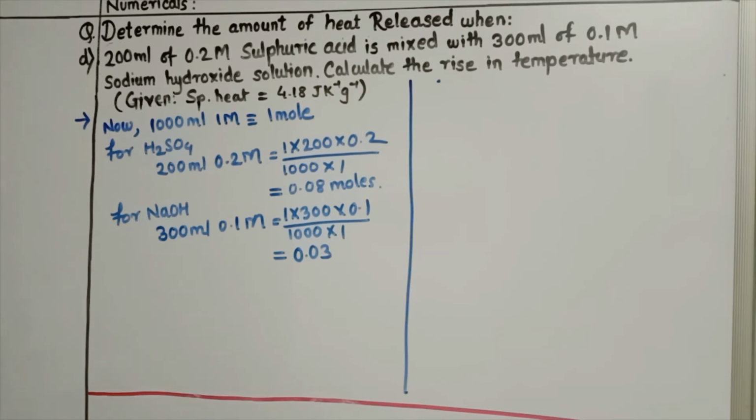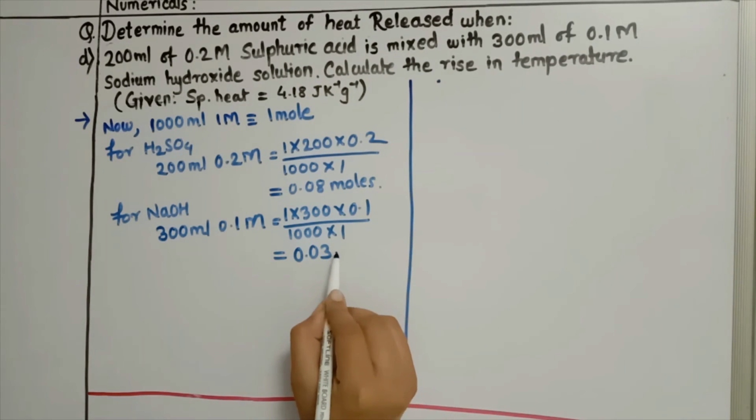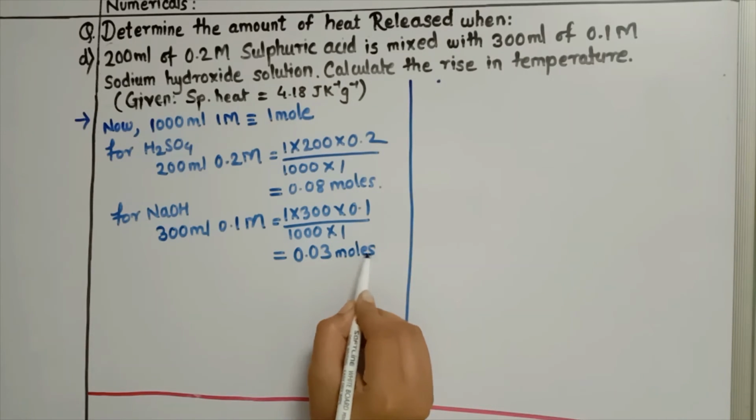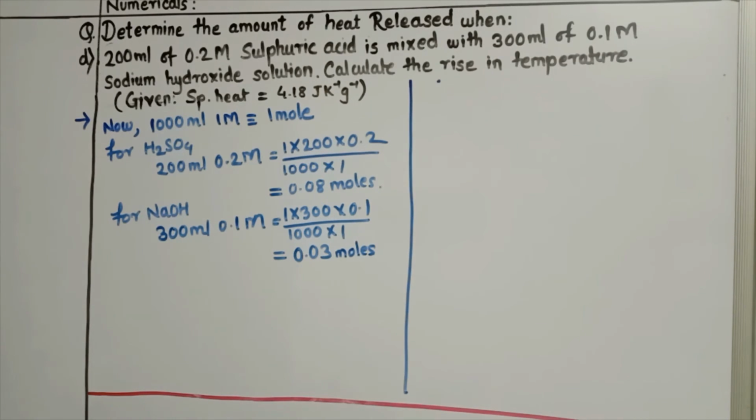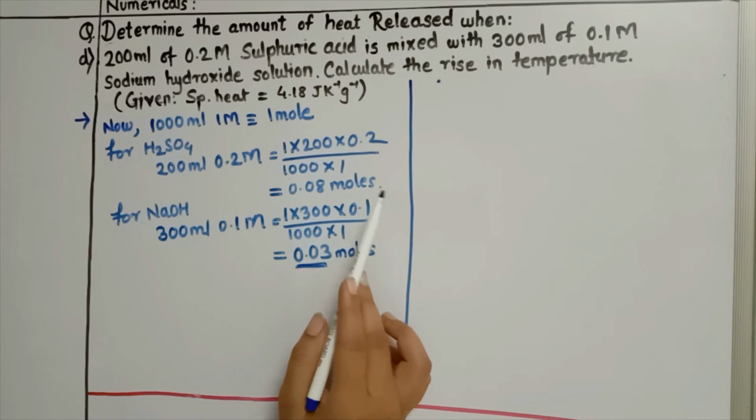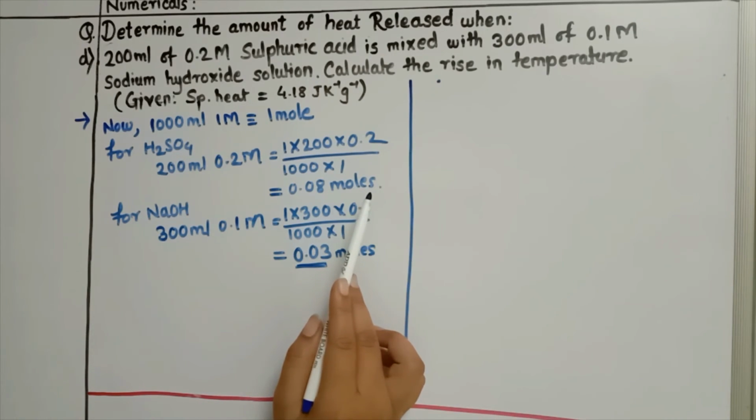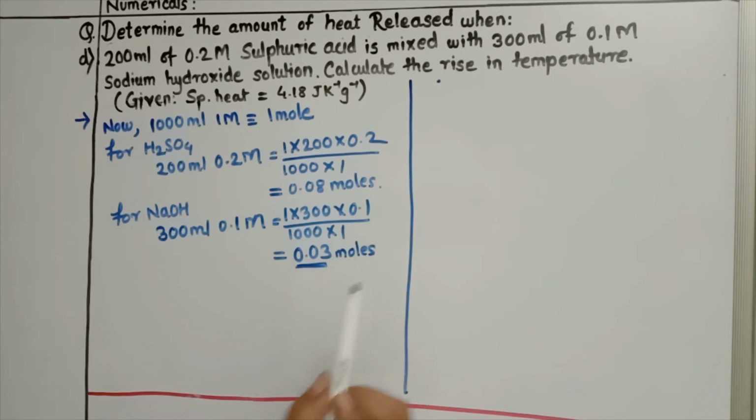Okay, now we know the number of moles of NaOH and H2SO4. So next, what we have to see, that NaOH is in less quantity. That means 0.03 moles of NaOH will react with 0.03 moles of H2SO4, and the remaining 0.05 moles will be unreacted.